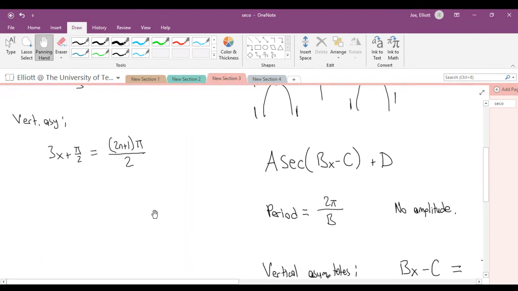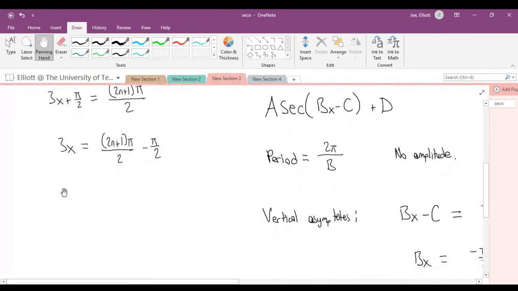So then I need to solve for x now. So I'll subtract pi over 2 on both sides first, and then I could divide both sides by 3 to solve for x.